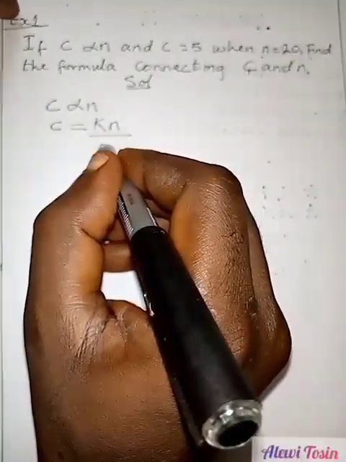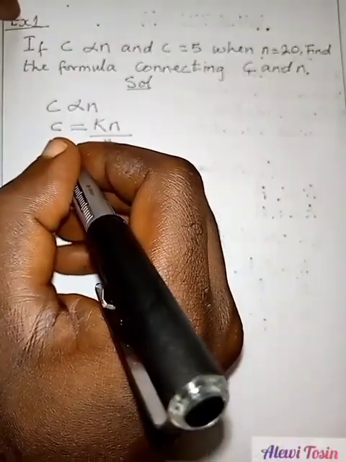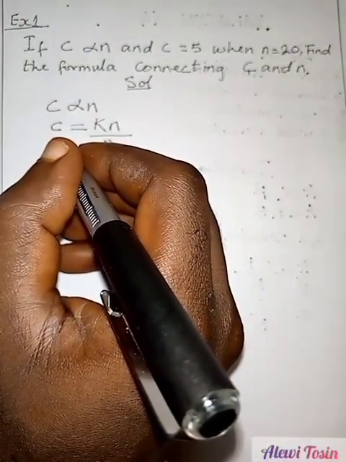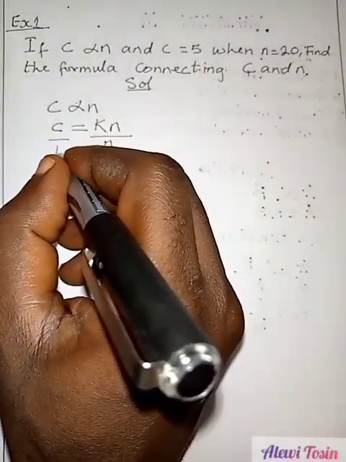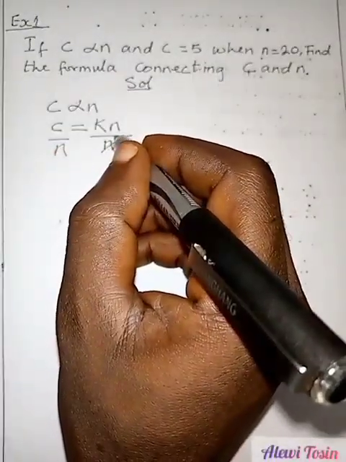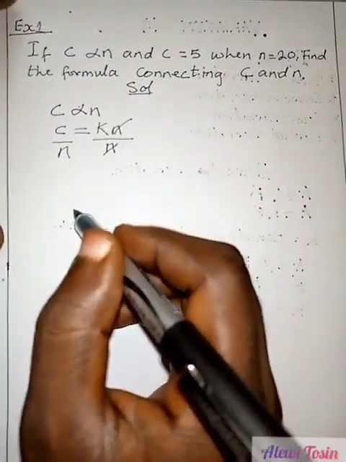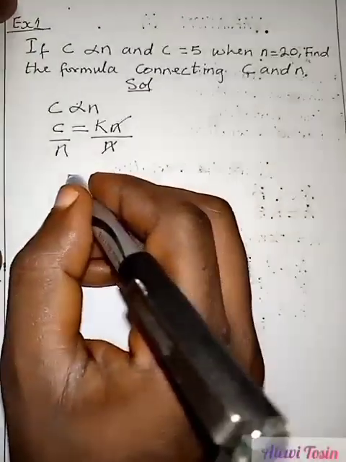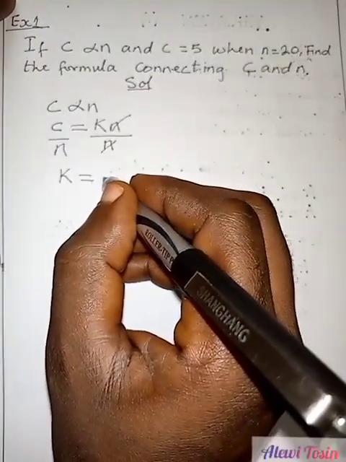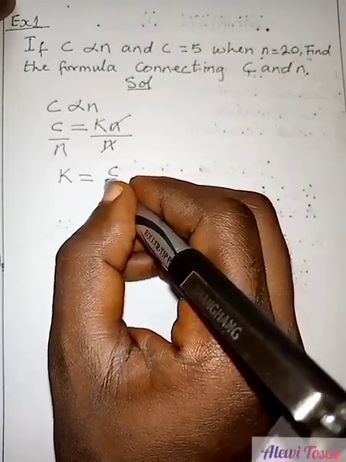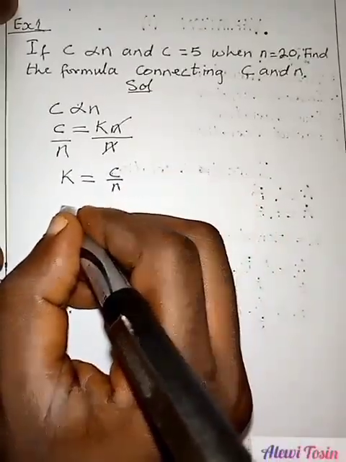We divide through by N. This N cancels this N. Then we are able to say that our K is equal to C over N.